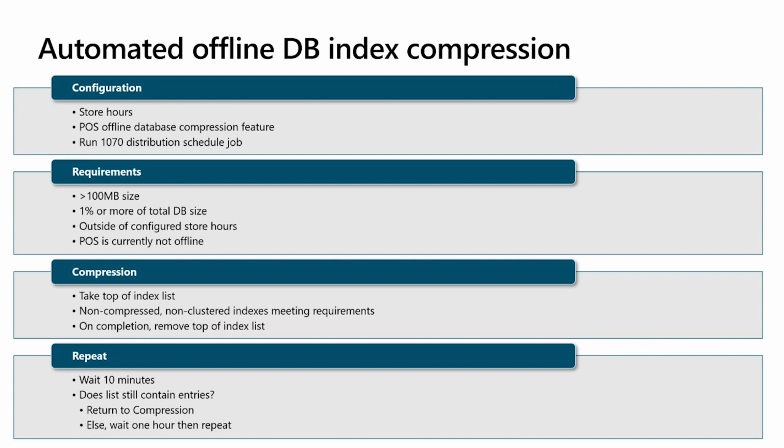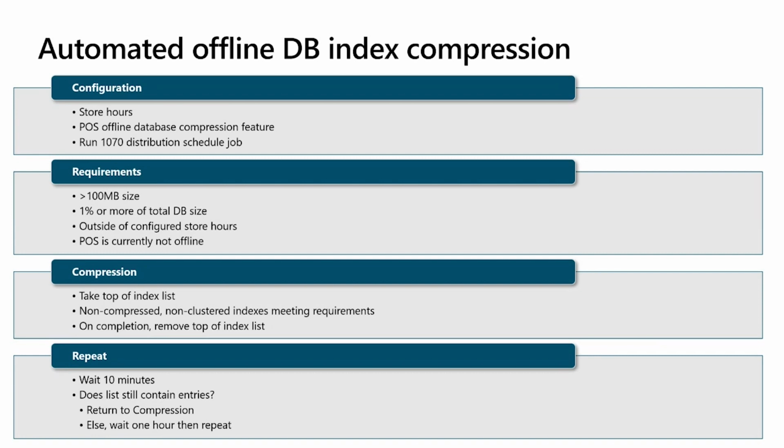So once it's enabled, what the feature does is it looks for indexes that are larger than 100 megabytes or larger than 1% of the total database size. We'll develop a list of the large indexes, and then we go down that list, and any of the indexes in the list that are not already compressed, that are non-clustered indexes, we'll go ahead and apply compression to those.